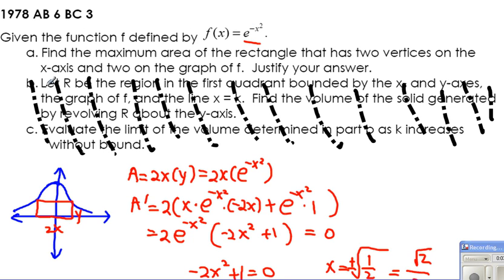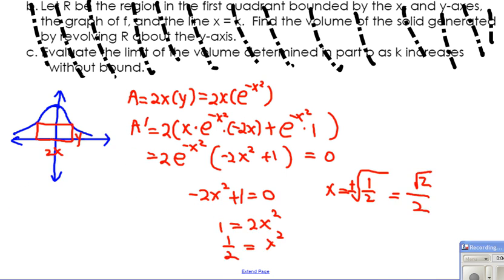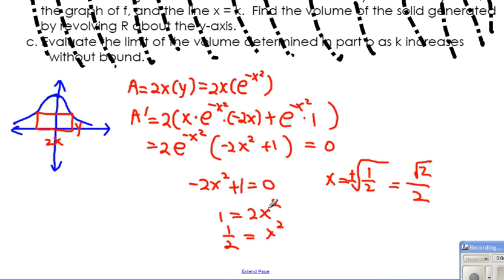The question is, find the maximum area. So we just found the x value, and now we find the area by plugging this value back into this. The maximum area must be 2 times radical 2 over 2 times e to the negative radical 2 over 2, squared.